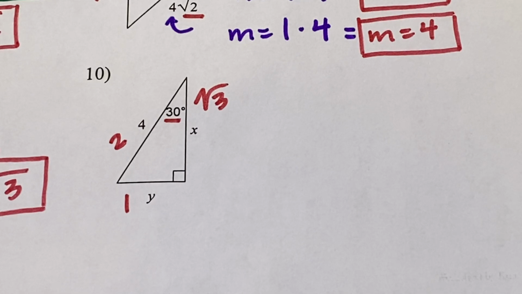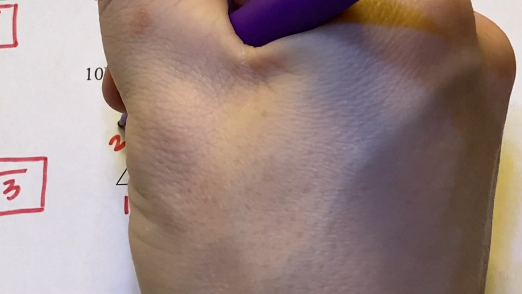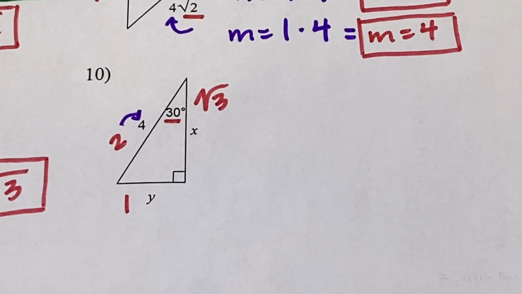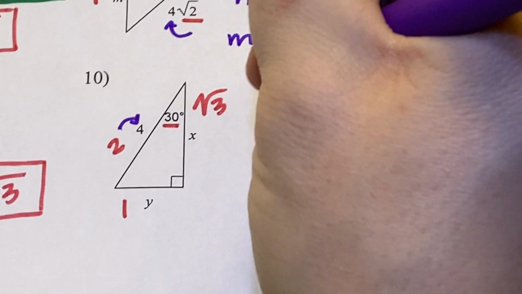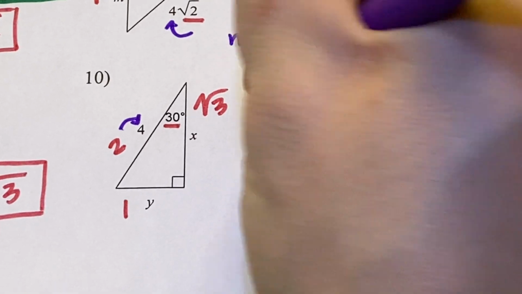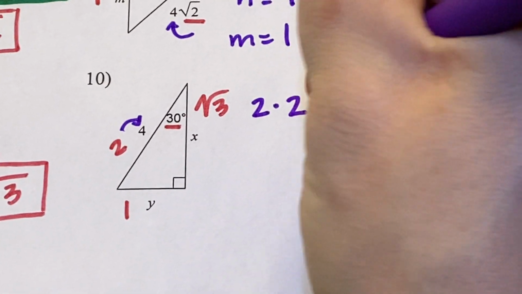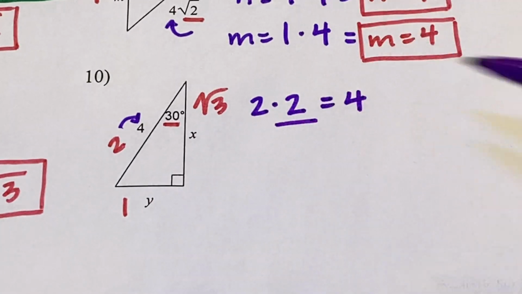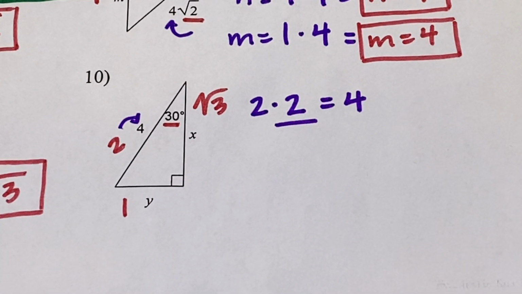How did we go from 2 to 4? What did we multiply to 2 to get 4? 2. Nice. So we're going to multiply every side by 2.